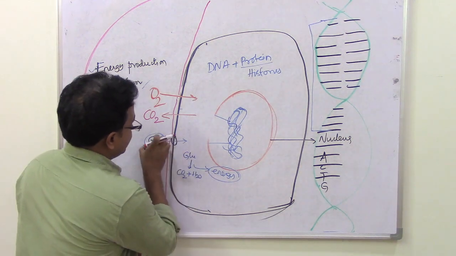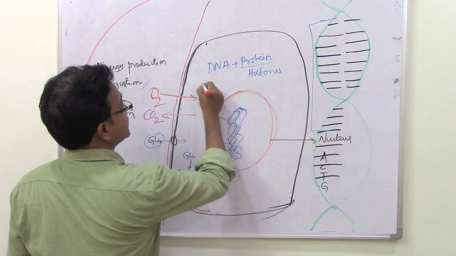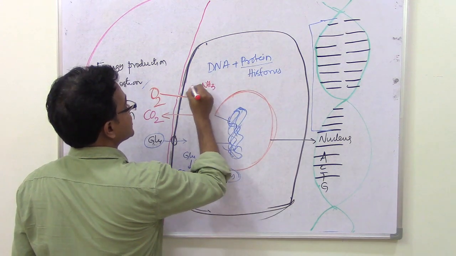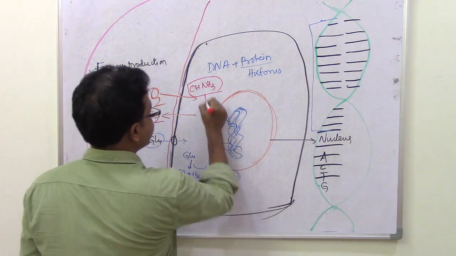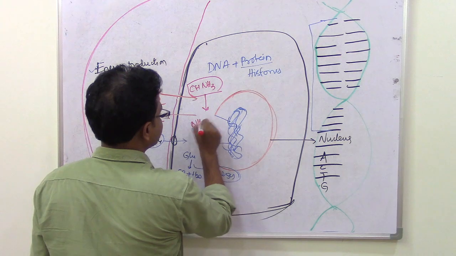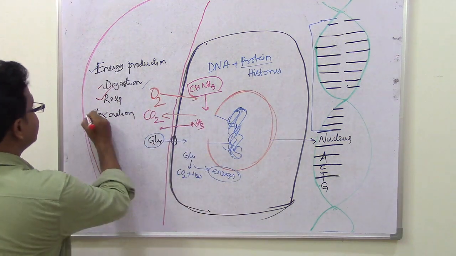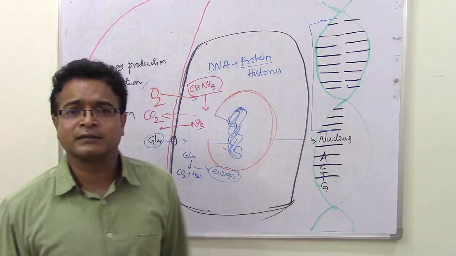Whenever nutrients are broken down, say for example, you are taking a protein, an amino acid, you break it down and you get ammonia. This ammonia is going out. That is again excretion. So a single cell is doing so many things, right?